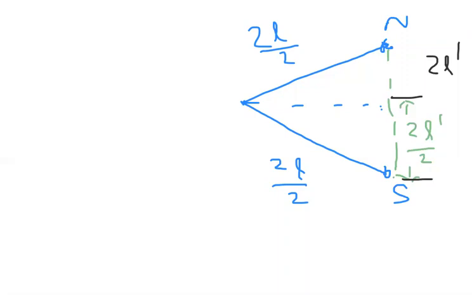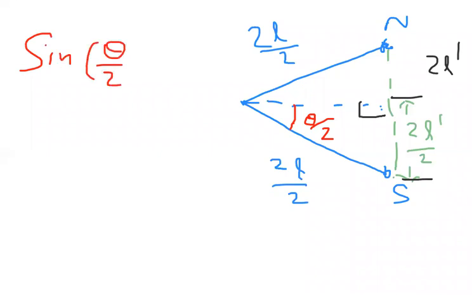I have drawn one perpendicular here from the center, the bisector. The total angle between the two parts is theta, so the angle here I can take as theta by 2. From this diagram, I can now write sine theta by 2 equals opposite by hypotenuse.